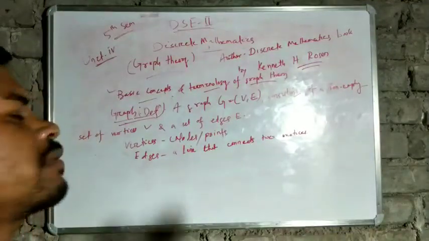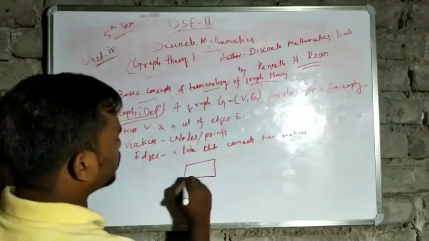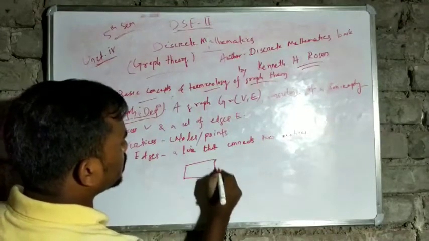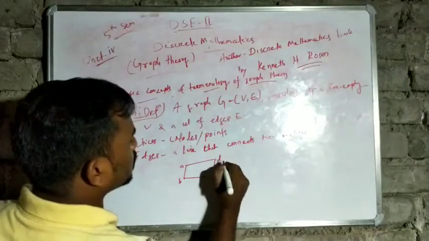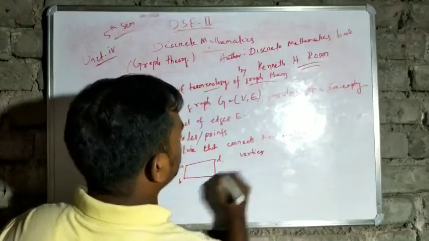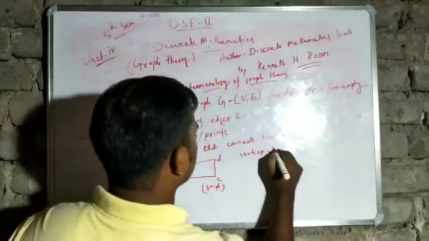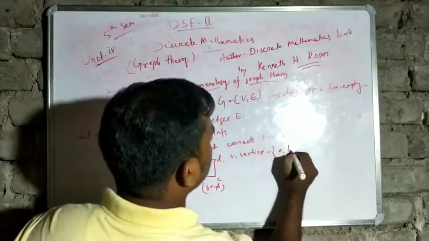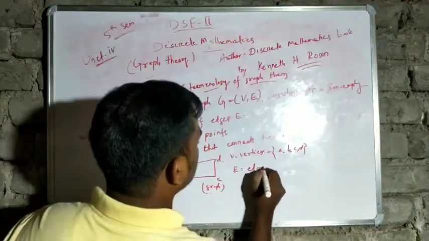Now we'll see some figures of graphs. Like this is a graph. These are the vertices: A, B, C, D. So the vertex set V is A, B, C, D. And what is the edge set?